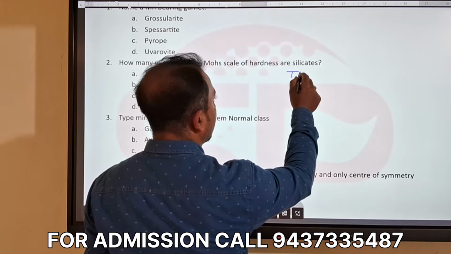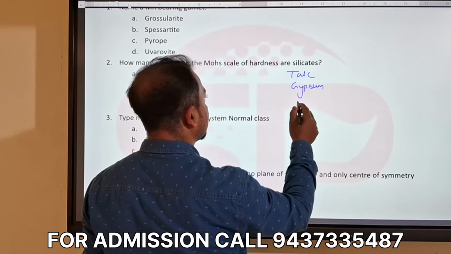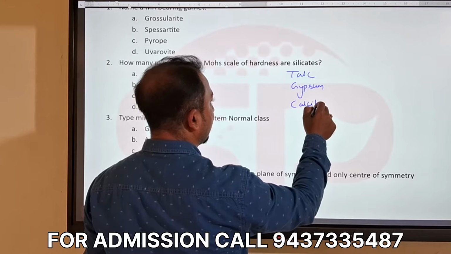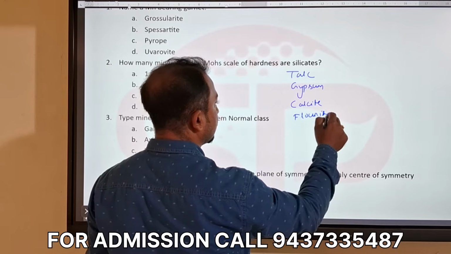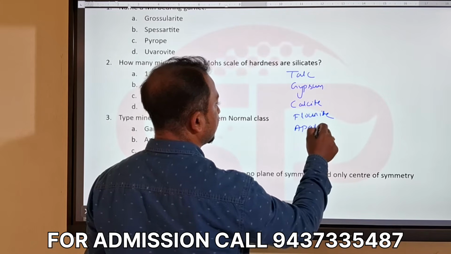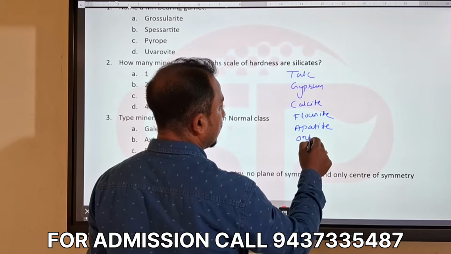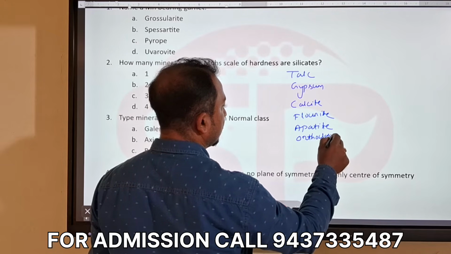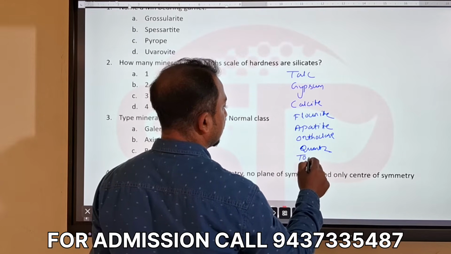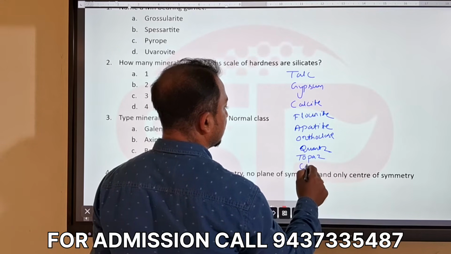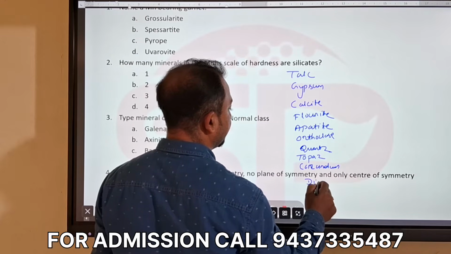They are talc, gypsum, calcite, fluorite, apatite, then orthoclase, quartz, topaz, corundum, and diamond.